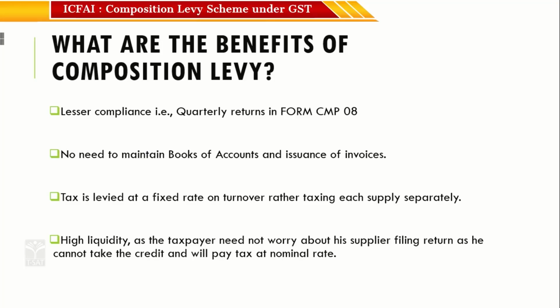Number two, no need to maintain books of accounts or issue invoices. It is very important to note here that the registered person need not issue invoices; rather, a bill of supply is to be issued by the registered person who is supplying the goods or services.